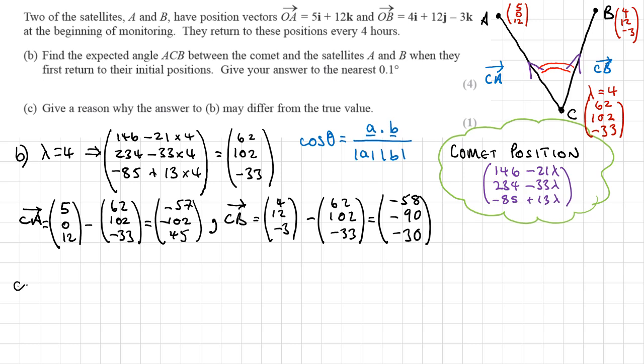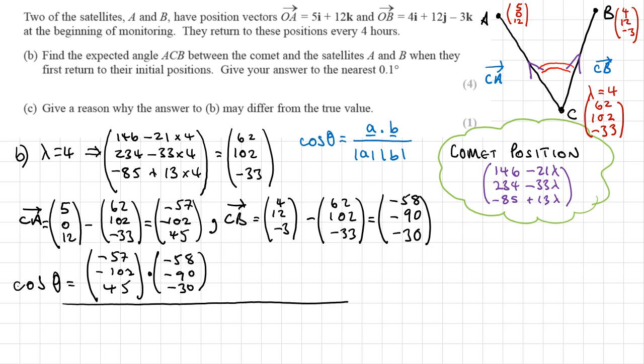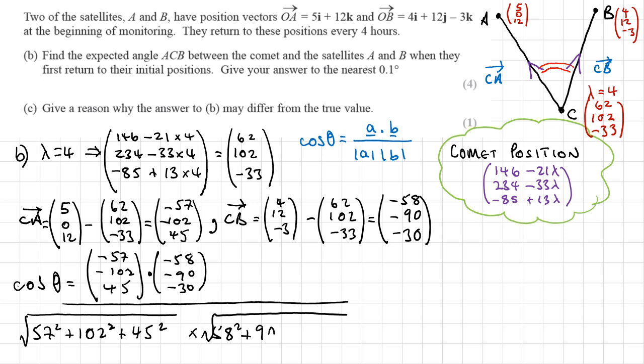So the cosine of the angle is going to be the dot product of those two vectors, negative 57, negative 102, 45, dotted with negative 58, negative 90, negative 30, and that's all going to be divided by the length of the vectors. So a couple of big square roots here, and that's going to be 57 squared plus 102 squared plus 45 squared here, times by 58 squared plus 90 squared plus 30 squared.